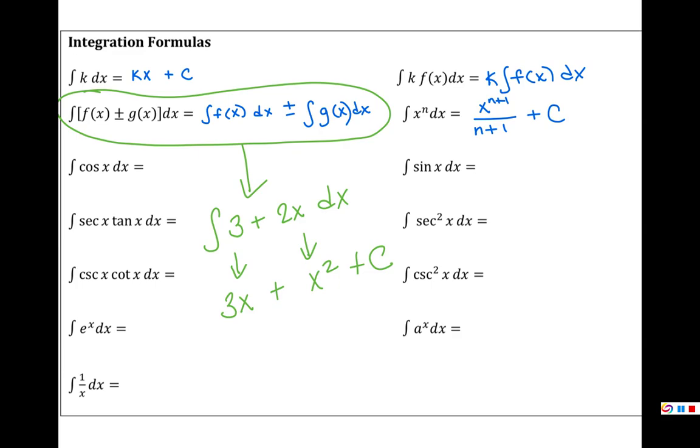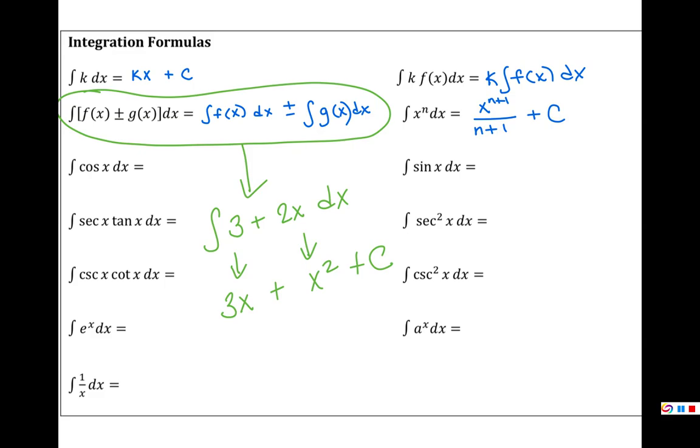Second property says if you want to find the antiderivative of a sum or a difference, you can do each piece separately. So for example, if I want to integrate or find the antiderivative of 3 plus 2x, I can do each piece separately.